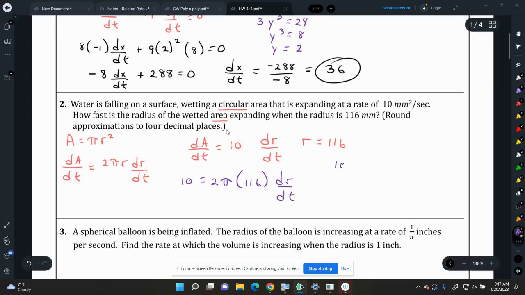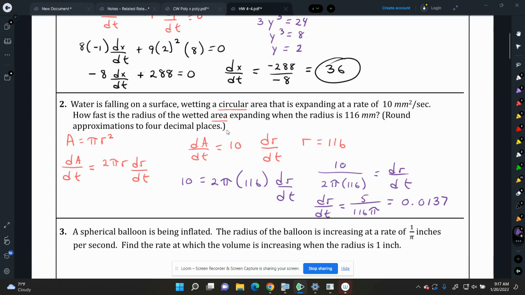So that means we've got 10 divided by 2 pi times 116 equals dr/dt, which equals 5 over 116 pi, which is approximately 0.0137.